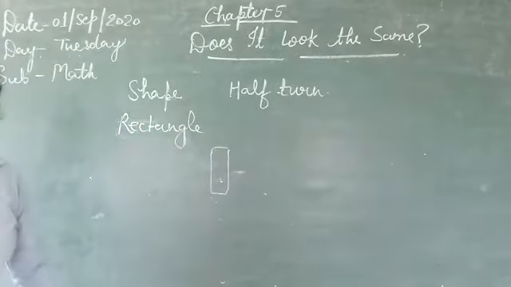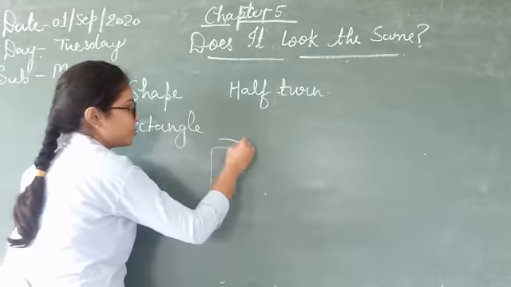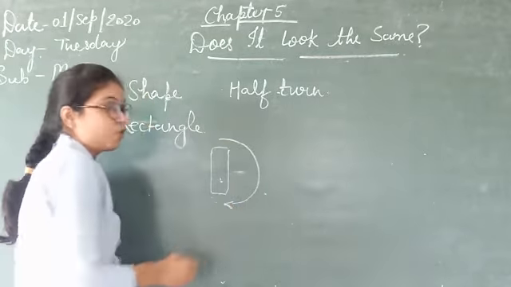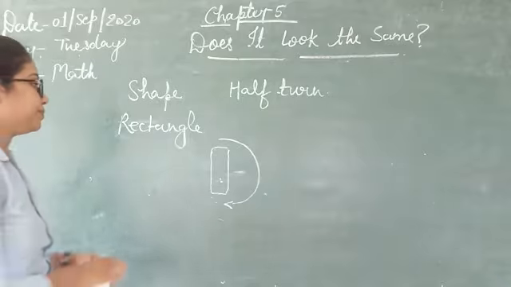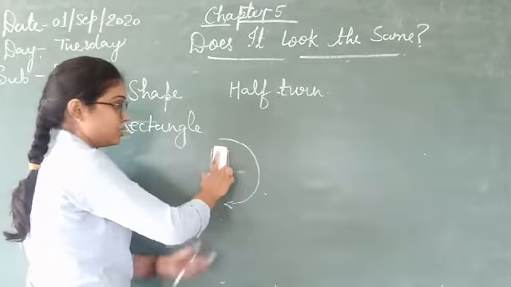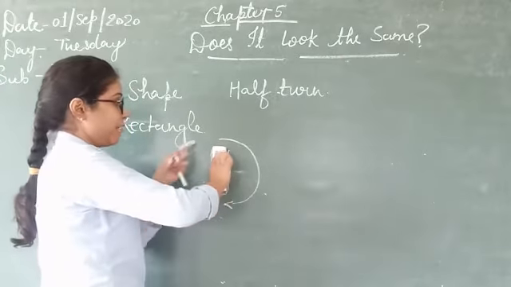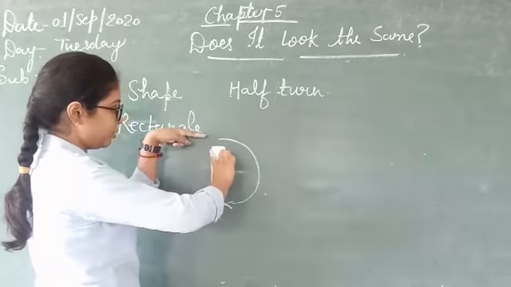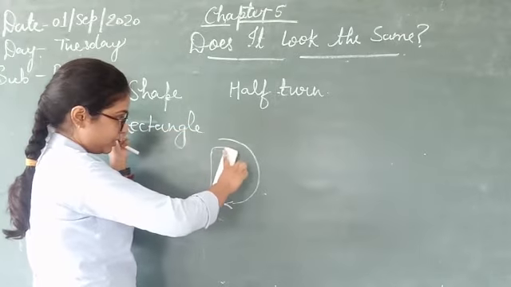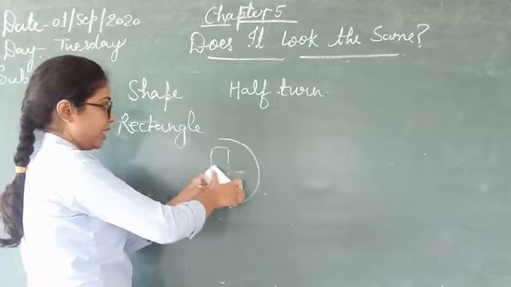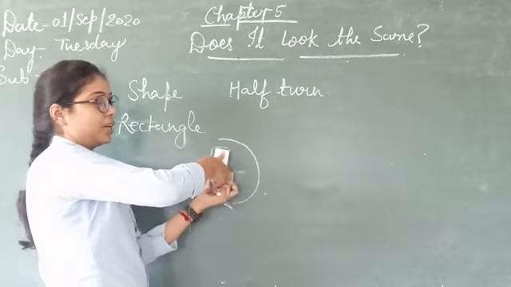Now we have to see what change will come when we rotate it by half a turn, that means from here to here. The rectangle is like this, and we rotate it by half a turn. That means we will rotate it from here, and it will again come here.